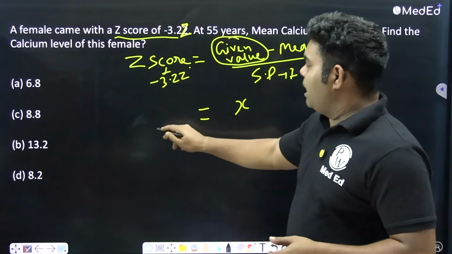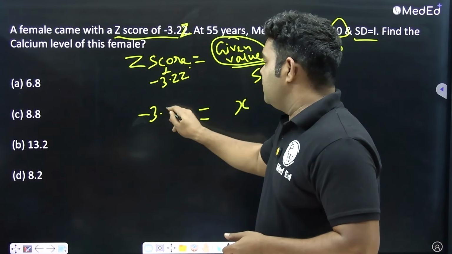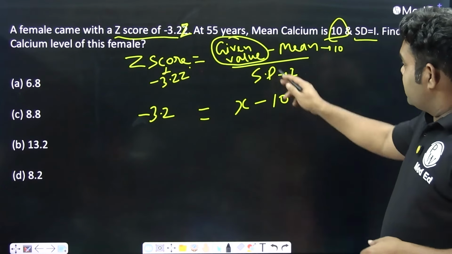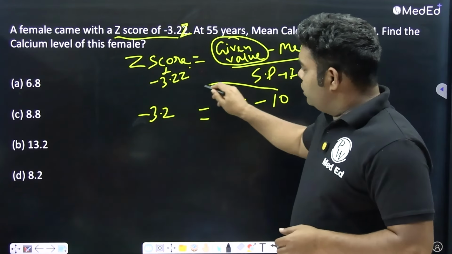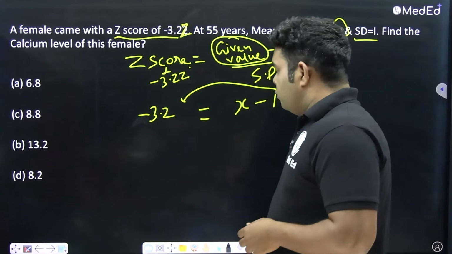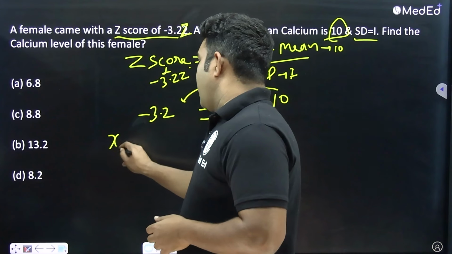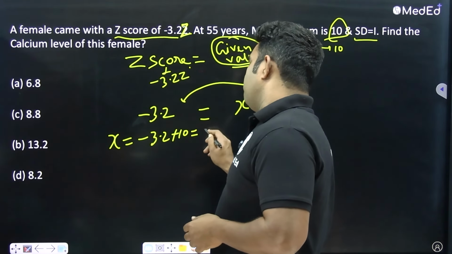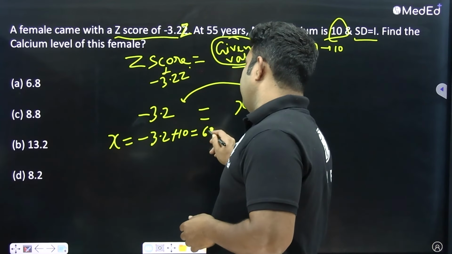This 1 will go and multiply with 3.2, so it will remain minus 3.2. But here it is X minus 10, X minus mean, and this mean will go there in the next step. Minus 10 will become plus 10. So finally, the X which we will have is minus 3.2 plus 10, which means 6.8.